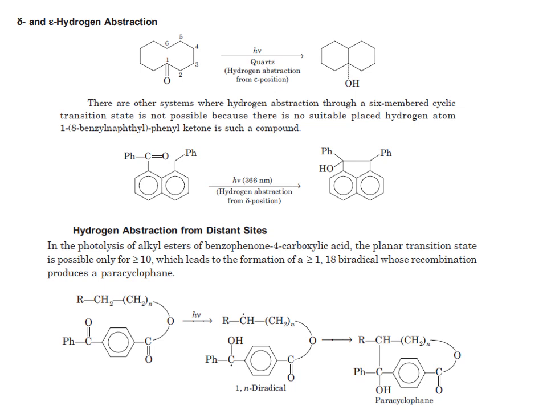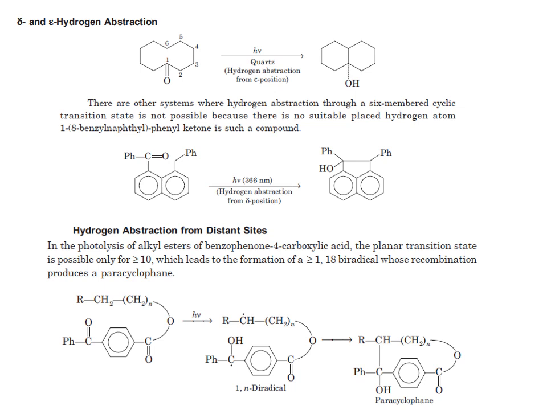Now we have a few other examples, from delta or epsilon hydrogen abstraction. So here we can see there are other systems where hydrogen abstraction through a 6-membered cyclic transition state is not possible because there is no suitable hydrogen atom.